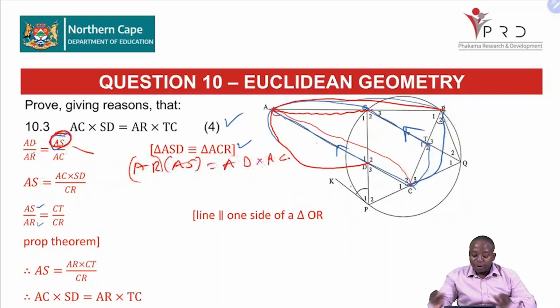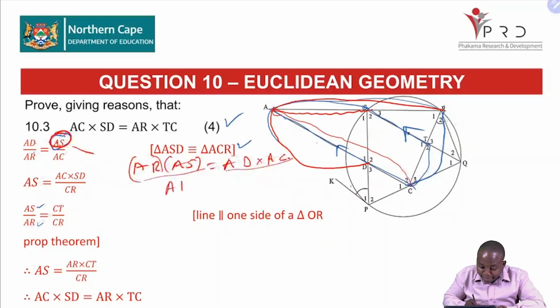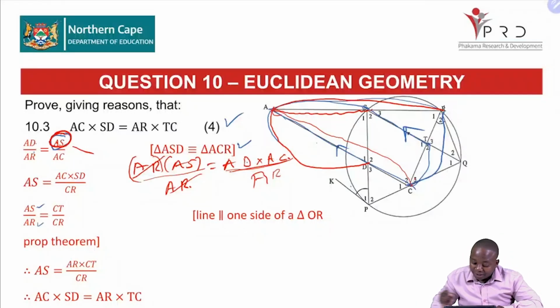We can now say divide by AR. Then our AS initially was supposed to be AD multiplied by AC all over AR. So that is what we are supposed to be having right there.